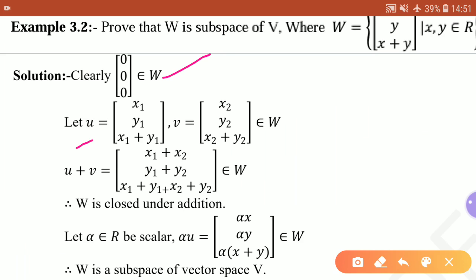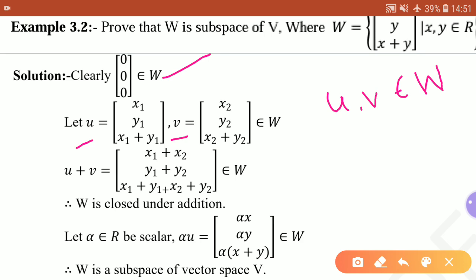Now we have taken two random elements of the set W. Let U, V belong to W. As U and V are members of W, they will be of this type: (x1, y1, x1 plus y1) and (x2, y2, x2 plus y2). So these two random elements of W we have considered.